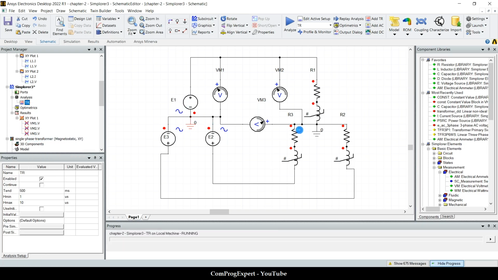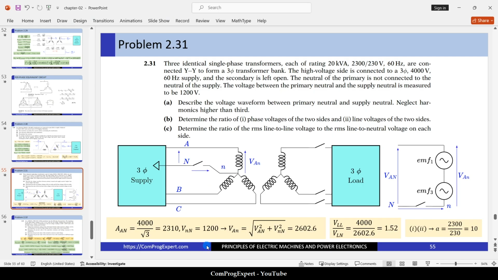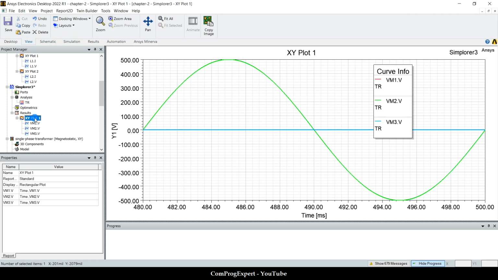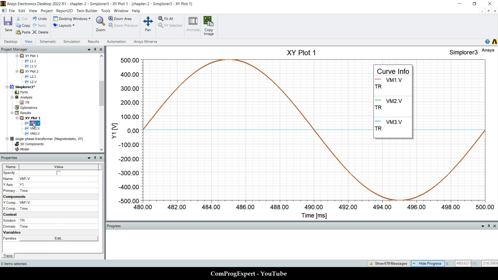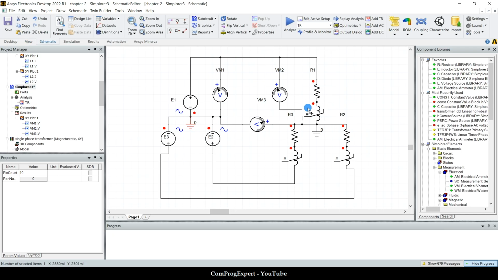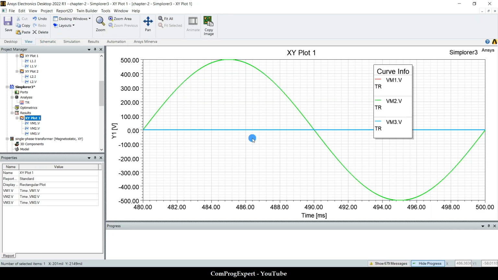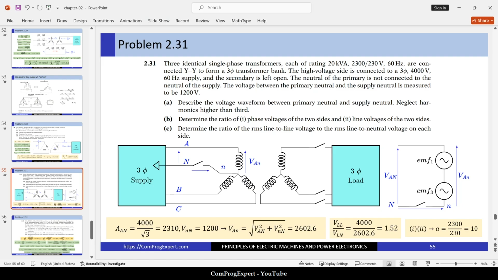In this case, we allow third harmonic to flow through this line, and the value of the third harmonic voltage is 0. This is Vm1, Vm2. We have sinusoidal flux, sinusoidal voltage for this inductor. So perfect. You can do this type of analysis in the simulator.